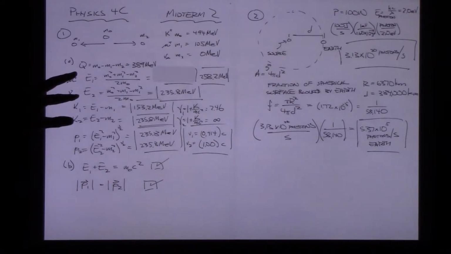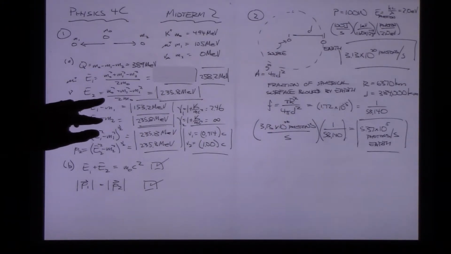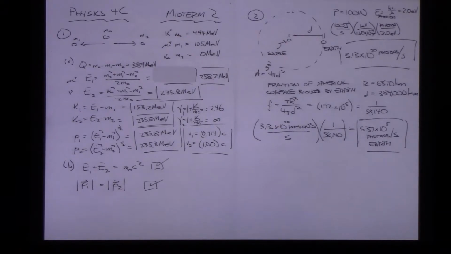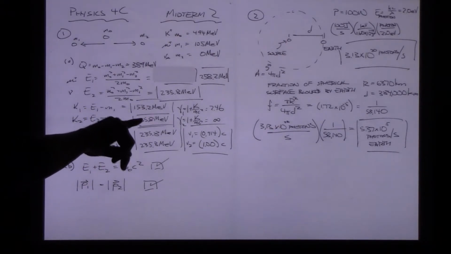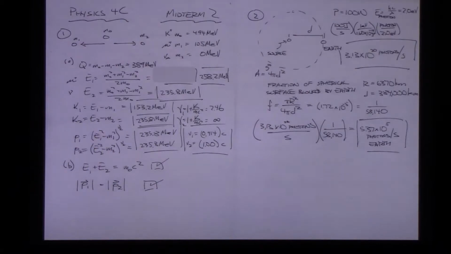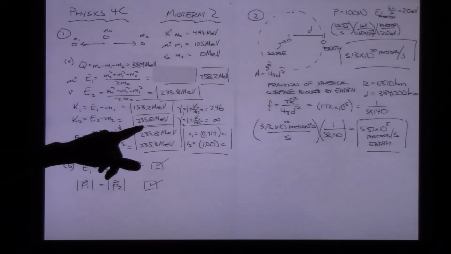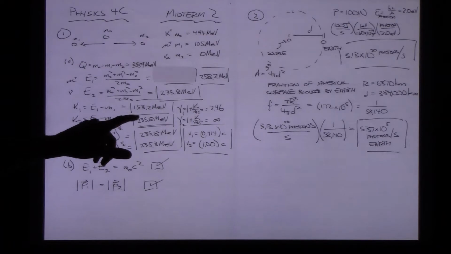Now, once we've got the total energies, we can get the kinetic energies a couple different ways. We derived formulas for those, or we could just take the total energies and subtract off the masses. Using this approach, I ended up with the kinetic energies. Again, this time the neutrino has quite a bit more of the kinetic energy than the muon.